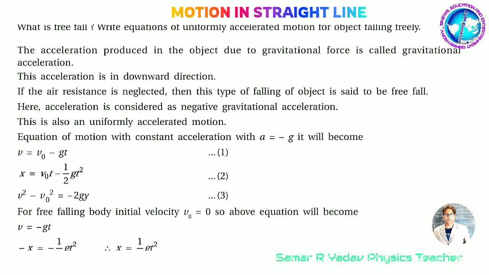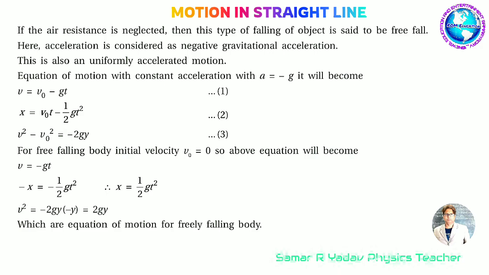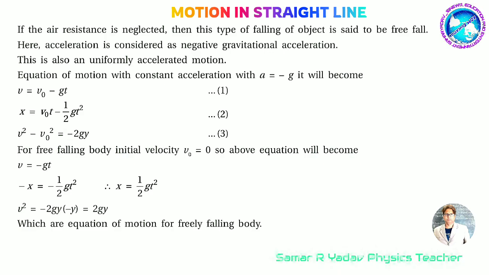The equations of motion with constant acceleration, with a equal to minus g, will be v is equal to v0 minus gt, x is equal to v0t minus 1/2 gt square, v square minus v0 square is equal to minus 2gx. For a freely falling body, the initial velocity v0 is equal to 0.